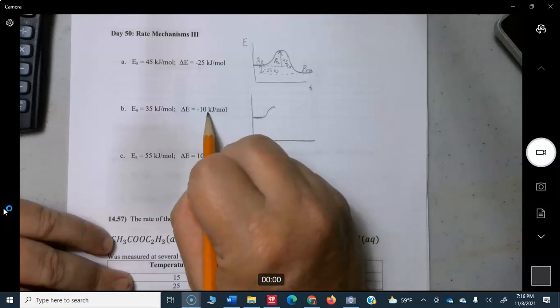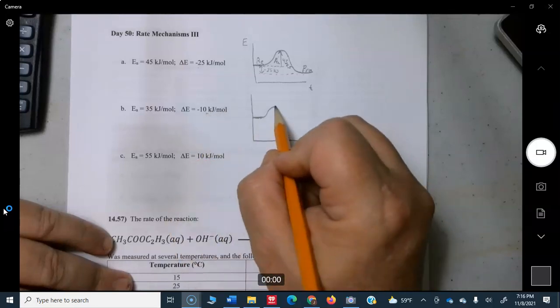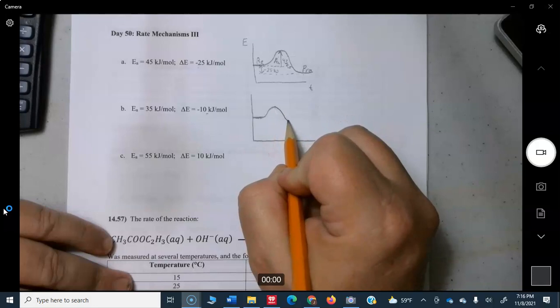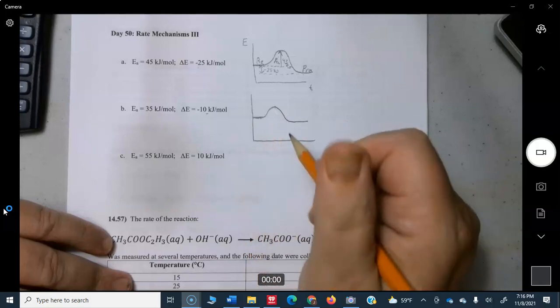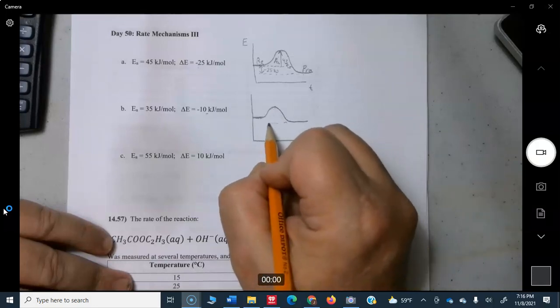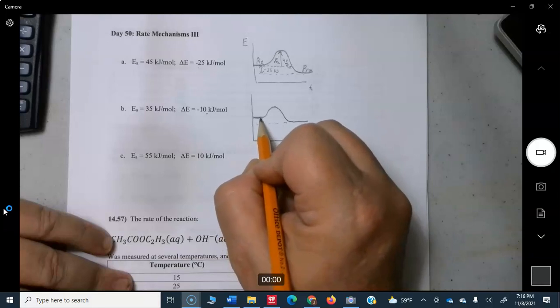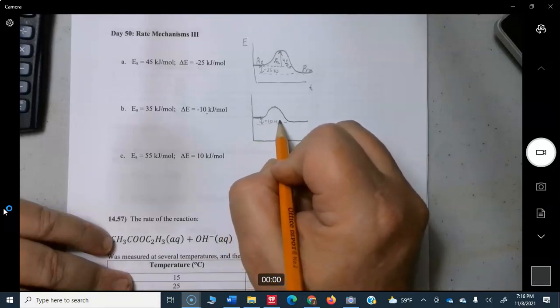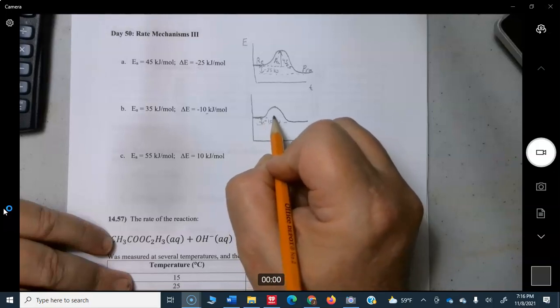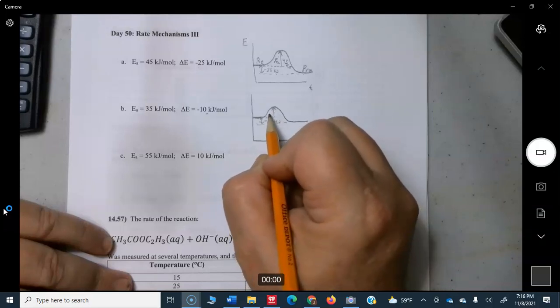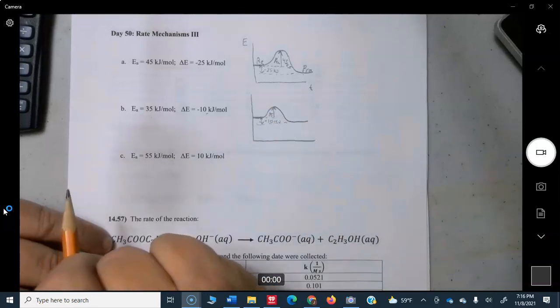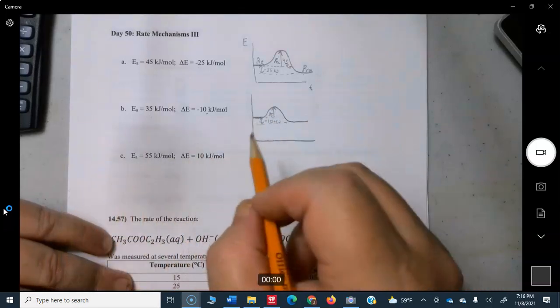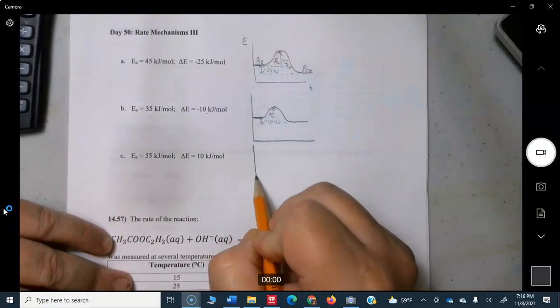And then it doesn't give off as much energy. It doesn't go down quite as low, so it's going to go down to about right here. Okay, so this distance from here to here is negative 10 kilojoules. And this distance, which is the activation energy, is 35 kilojoules. That right there.